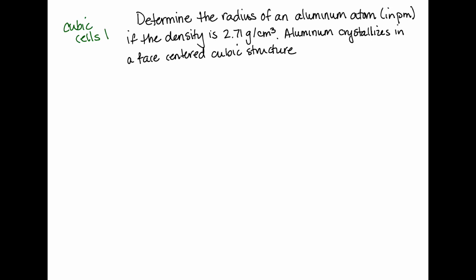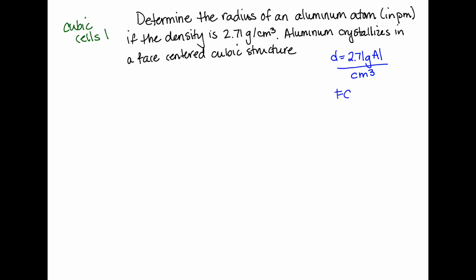So when I organize that data, I'm just going to say that the density is 2.71 grams of aluminum per cubic centimeter. And that cubic centimeter, remember, represents the cell. And it also says that it crystallizes in face-centered cubic.